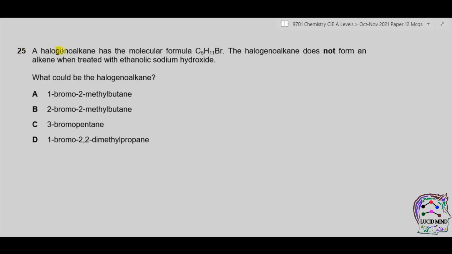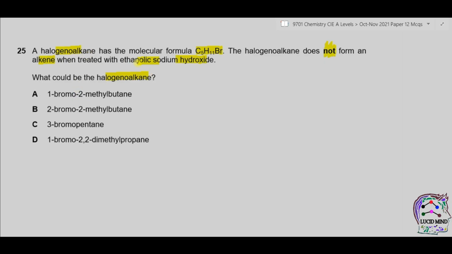Question 25. A halogenoalkane has the molecular formula C5H11Br. The halogenoalkane does not form an alkene when treated with ethanolic sodium hydroxide. What could be the halogenoalkane?